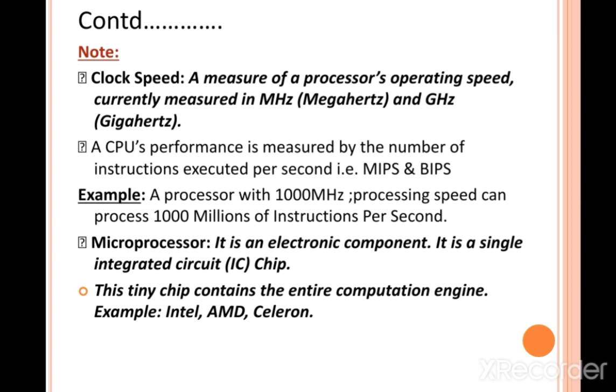A CPU's performance is measured by the number of instructions executed per second, that is MIPS and BIPS. For example, a processor with 1000 megahertz can process 1000 million instructions per second.